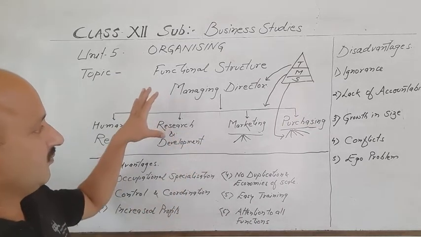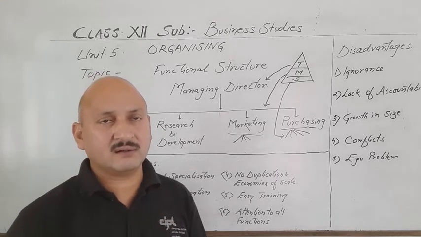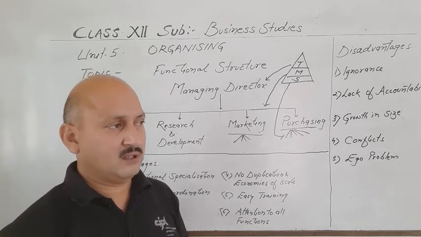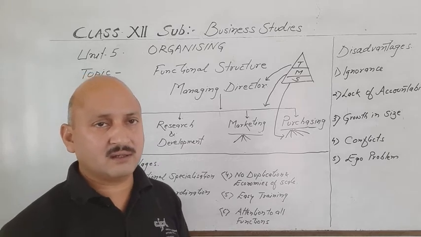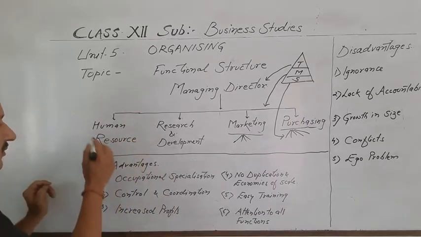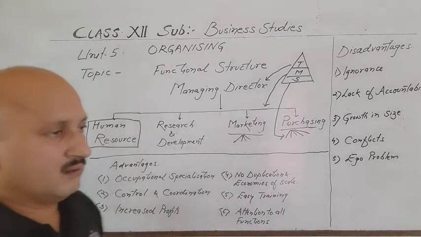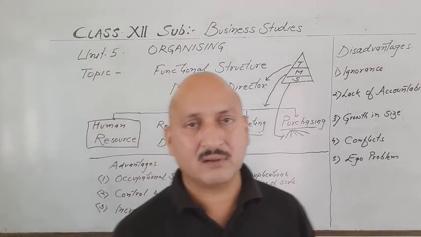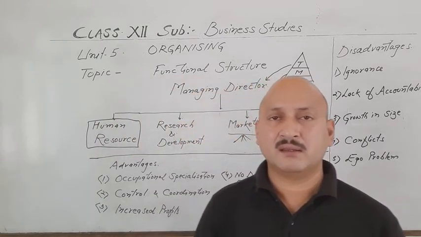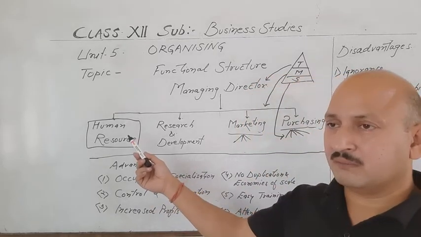Now, in this chart, what is important is that we have divided the whole organization according to the functions. It means the grouping of jobs is done, and those that are similar in nature are grouped in one particular function. Like all record keeping of employees regarding their date of joining, their promotion, their training, their retirement, everything is to be kept in the human resource department.